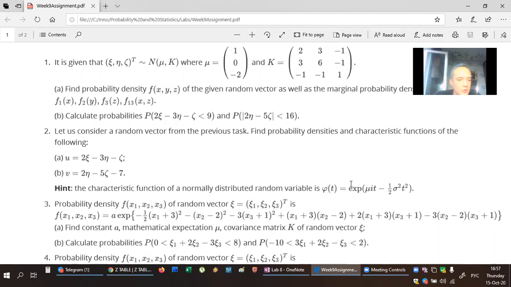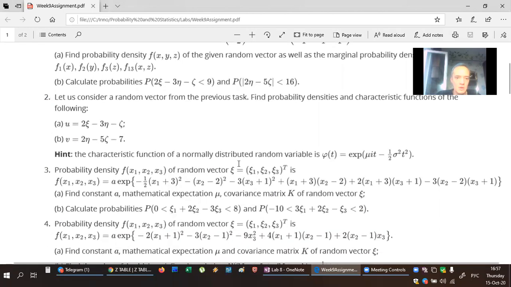All right, so let's move on to task number 3. In task number 3, we have a probability density function of some random vector xi. We need to find the constant a, the vector of mathematical expectations mu, and the covariance matrix k of this vector.